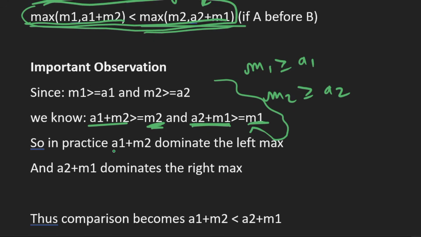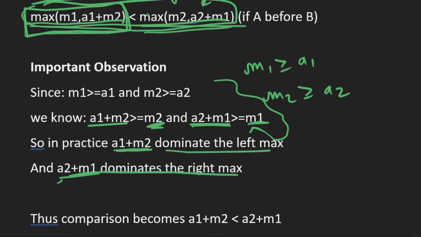So A1 plus M2 dominates the left max, this part, and A2 plus M1 dominates the right max, this part, right?